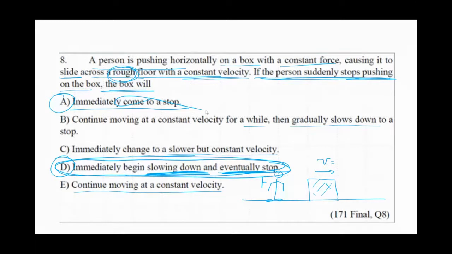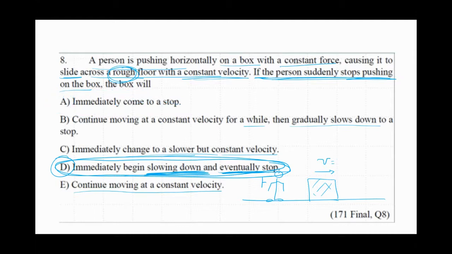But there is a time needed for any object to stop. We cannot bring any object immediately to a stop. There must be some time. In some cases, the time may be a few seconds, and sometimes it's less than a second. So number D is the right answer.